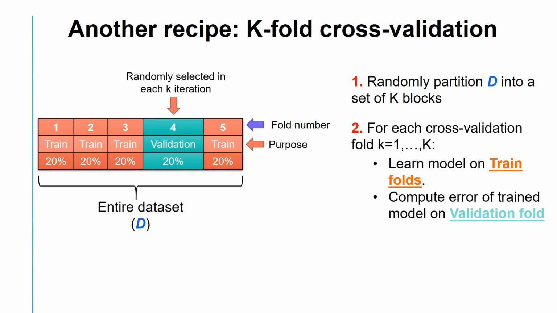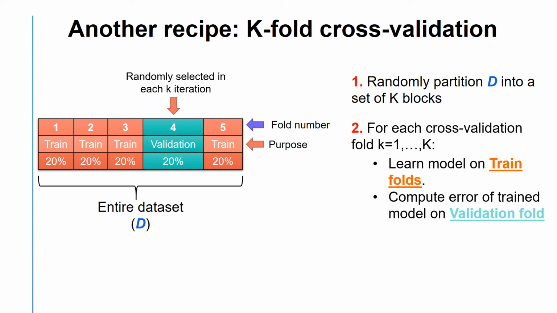We train our model using the training folds and compute the error of the trained model on the validation fold. We repeat this step k times, in which each fold is a validation fold only once. Then the generalization performance can be estimated by taking the average obtained errors in the k iterations.